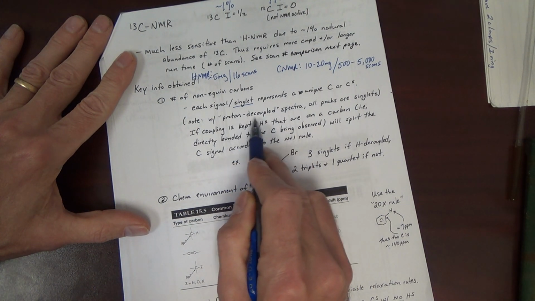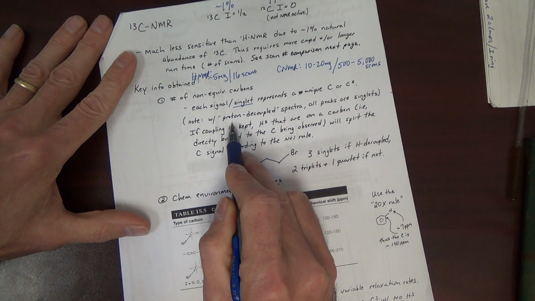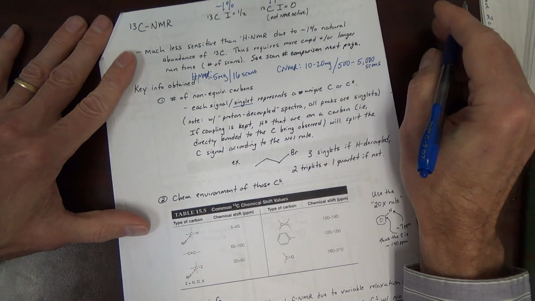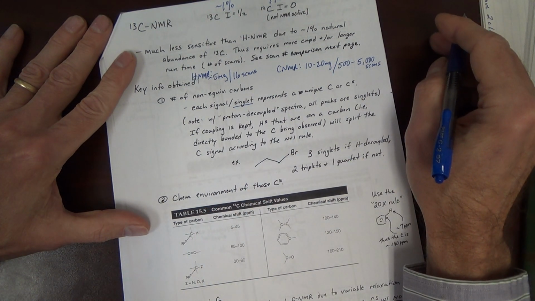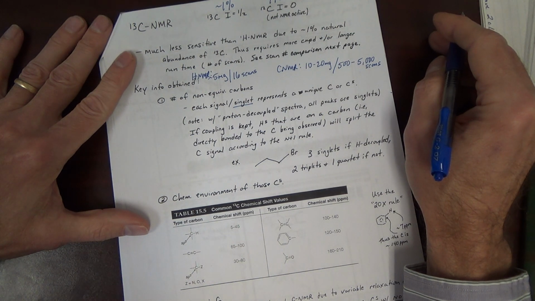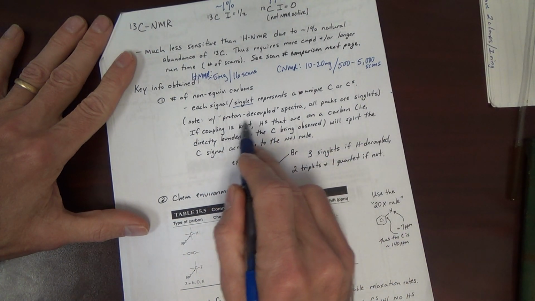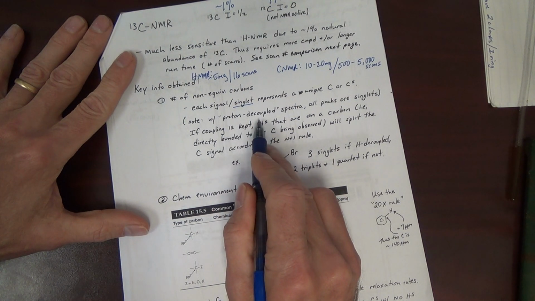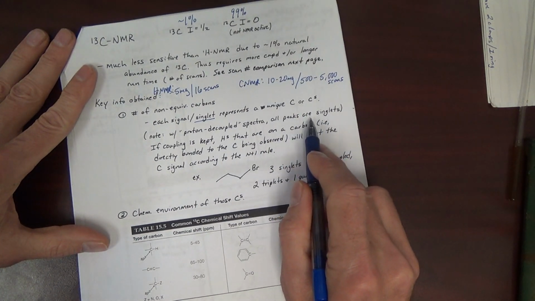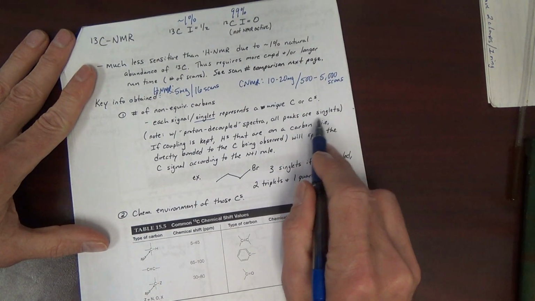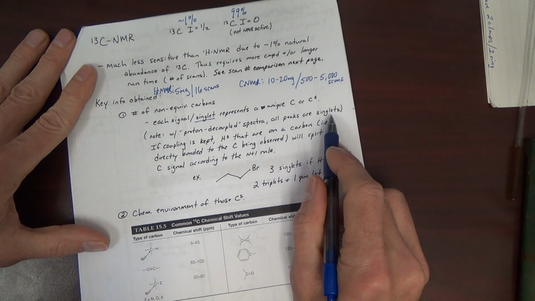We can decouple the carbons from the H's by manipulating the experimental parameters. Now, I'm not going to get into all that. If you ever take an advanced course on NMR, you would, of course, get into that. But because we decouple it, we remove the coupling to the protons, all peaks in the carbon NMR are actually singlets in a typical NMR.